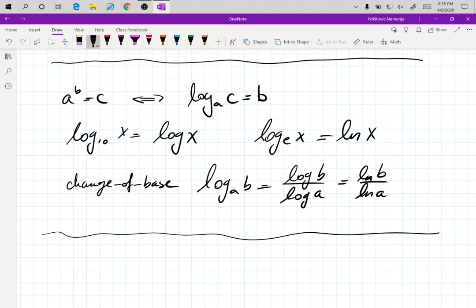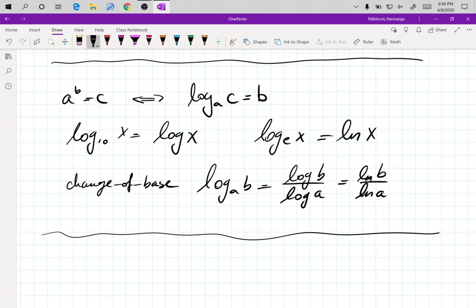Now log, which is base 10, will be used in waves, so you will see that in physics, you will see that in chemistry for calculating pH values. So if you are any kind of student that goes into medical or biology or chemistry or chemical engineering or so on, right, you're going to be calculating those pH values and so on. You will be using log base 10.